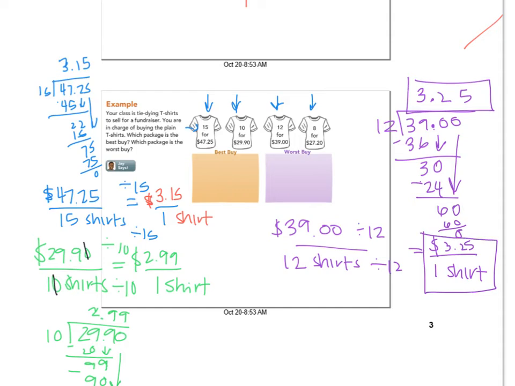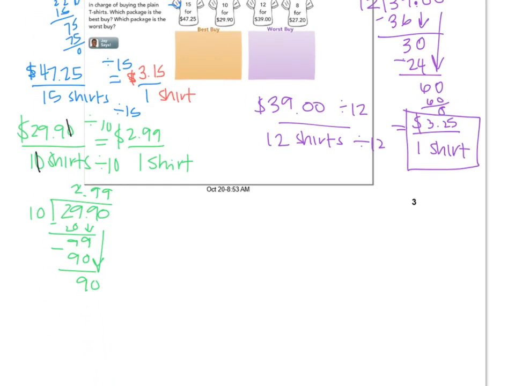And finally, we just have to do one more, guys. So now 8 shirts. Oops, I didn't pick another color. So 8 shirts. We know that items have to be on the bottom. And we have $27.20 at the top.